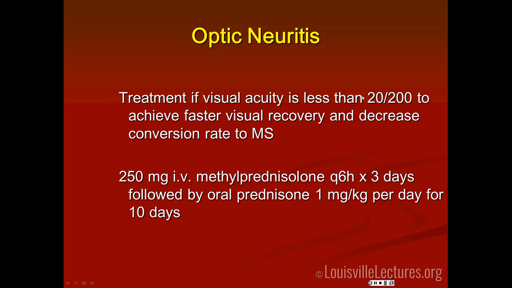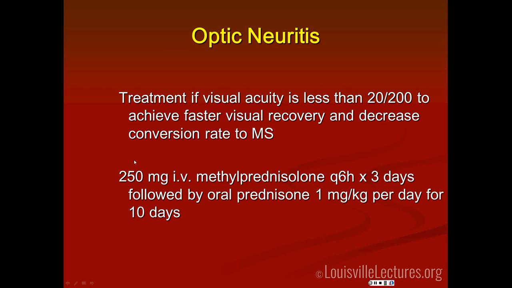Otherwise, we might just observe. But the main thing on optic neuritis is there was a study done, the Optic Neuritis Treatment Trial, that showed that you never start PO prednisone on these people because there's a higher rate of conversion to MS initially. But if you start with IV and then transition to PO, there's not an increased risk of MS.